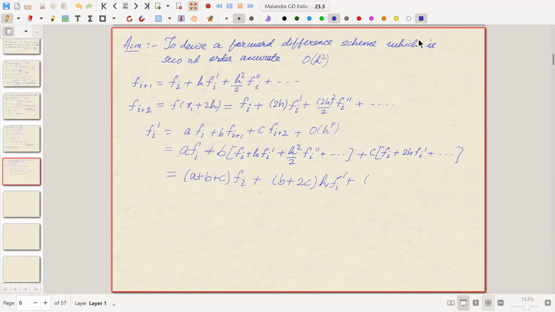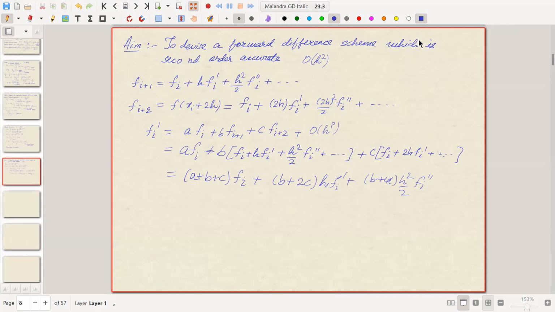Is it okay? Similarly, write this h square term here so that you can club them together.